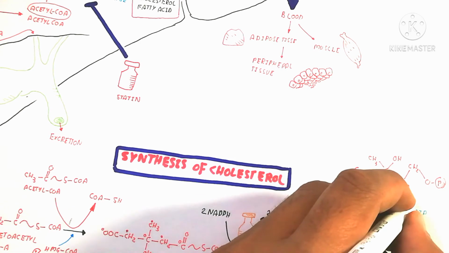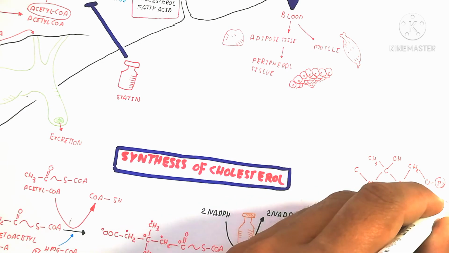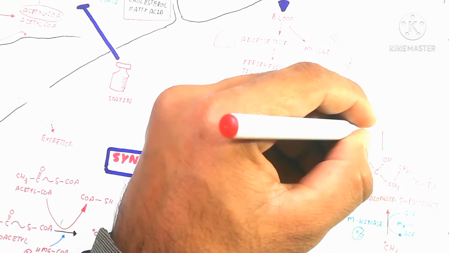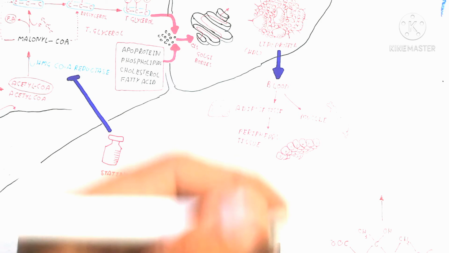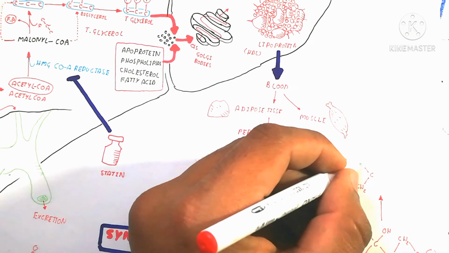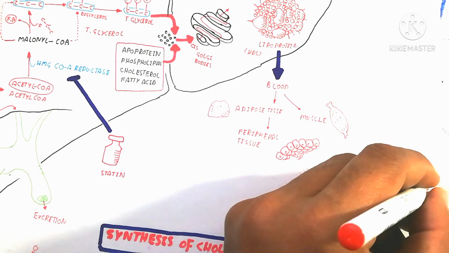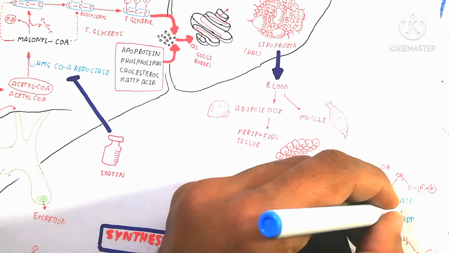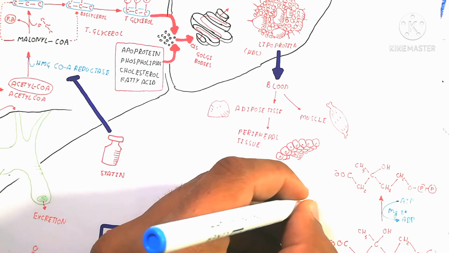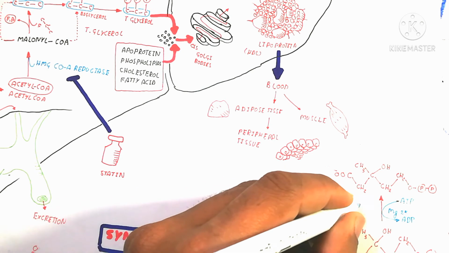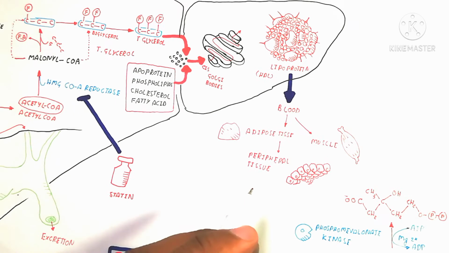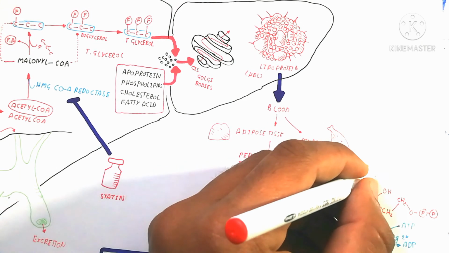So further, the mevalonate kinase enzyme uses ATP, actively with 2 magnesium ions, to produce mevalonate 5-phosphate. Mevalonate 5-phosphate means carbon number 5 contains a phosphate group.